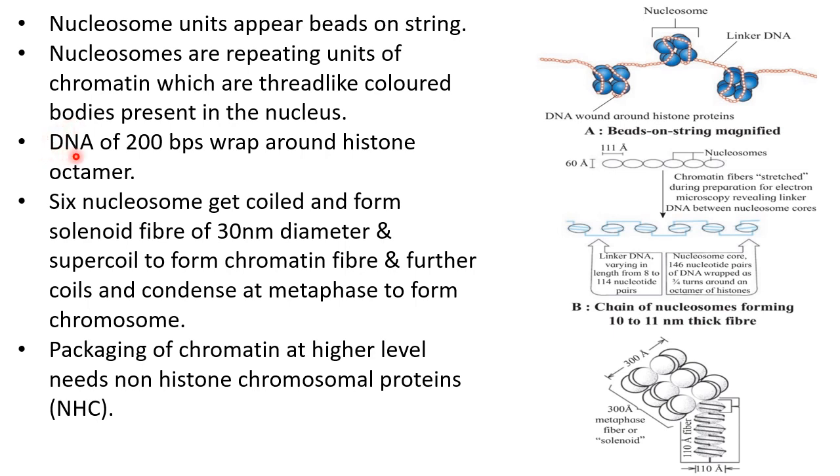Then DNA of about 200 base pairs wraps around the histone octamer. 6 nucleosomes get coiled and form a solenoid fiber of about 30 nanometer or 300 angstrom in diameter, and further supercoil to form a chromatin fiber, and further again coil and condense or become compact at the metaphase stage to form chromosome.